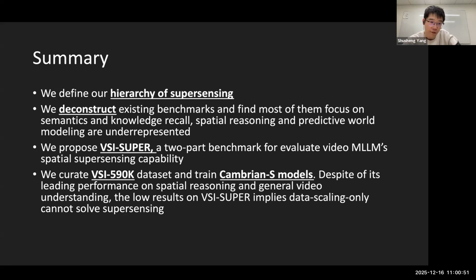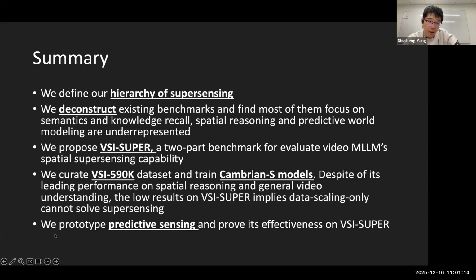We observe very good performance of our Cambrian-S model on spatial reasoning and general video understanding. But we still observe low performance on VSI-SUPER, which implies that a data scaling only solution cannot solve supersensing tasks.